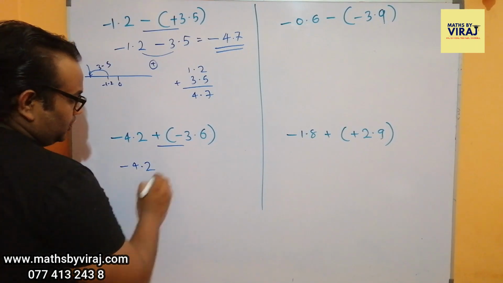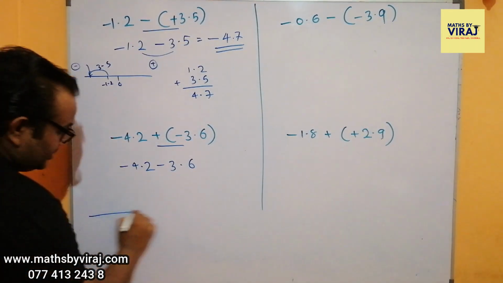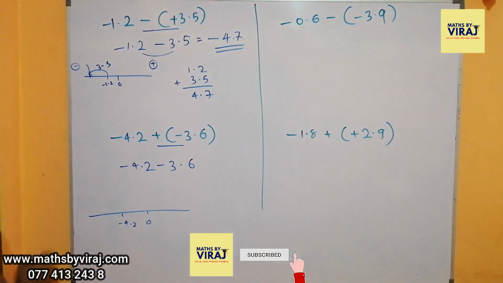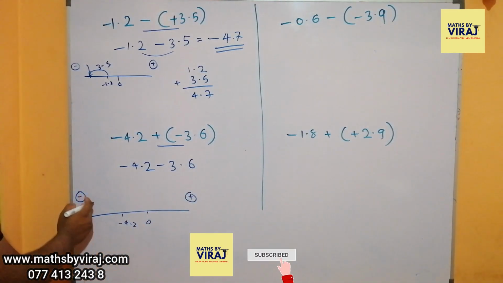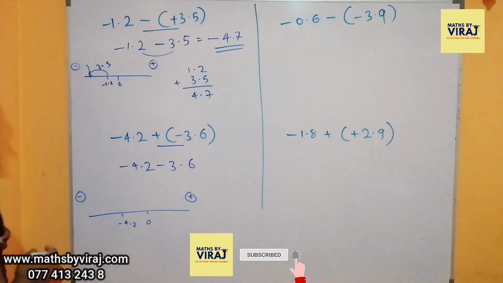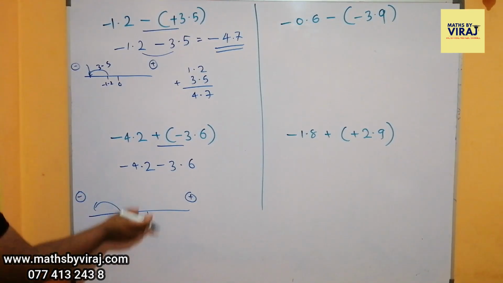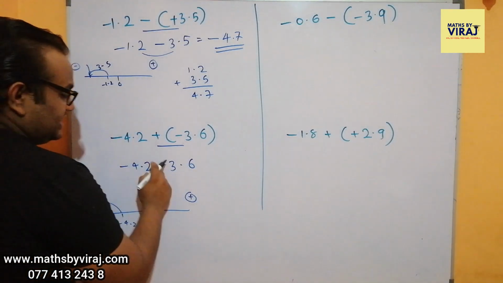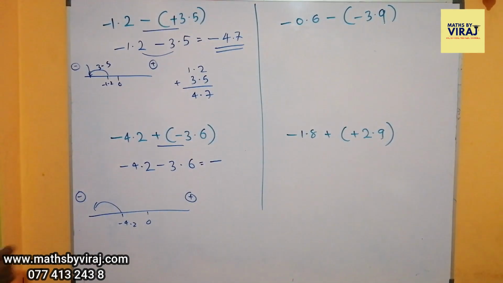Minus 4.2 minus 3.6. Now again, assume that you are in minus 4.2. You should further move towards the negative side by 3.6 times. Therefore, to this value, we should add 3.6 in the negative direction. Since it is minus and minus, the expected answer is minus.